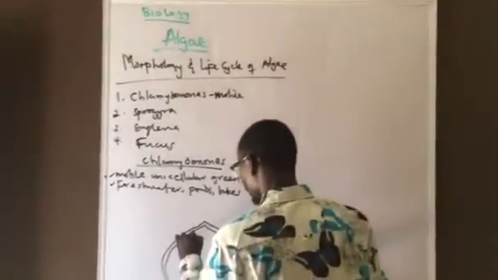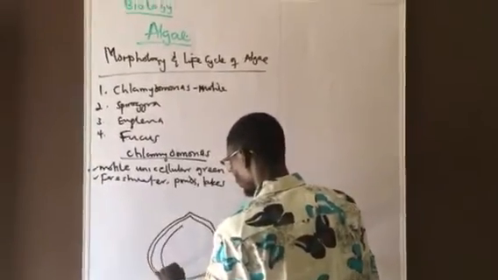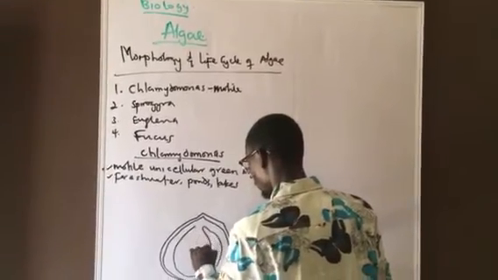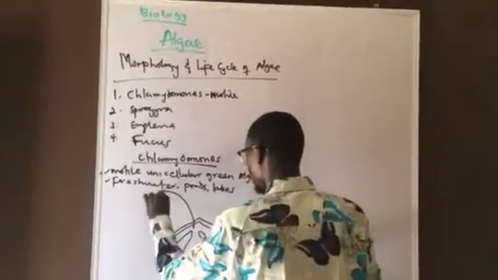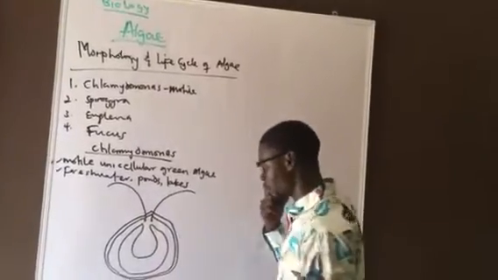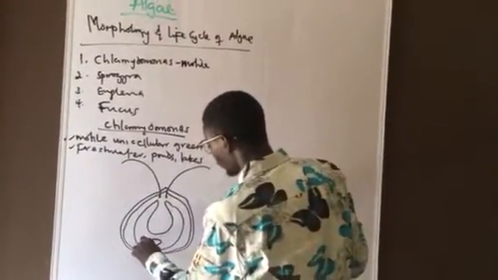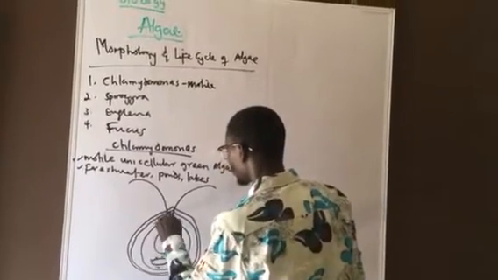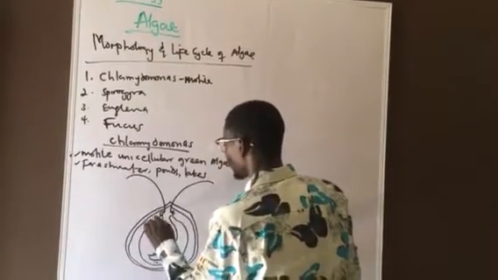We have the flagellum, the pyrenoid, the nucleus, the contractile vacuole.